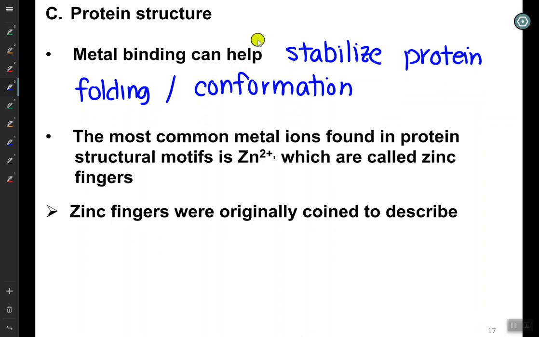The most common metal used for structural functions is usually zinc 2+, and they're called zinc fingers.